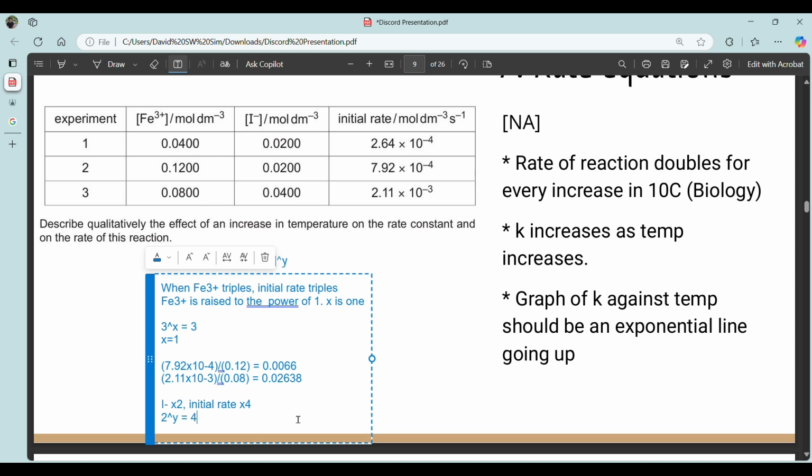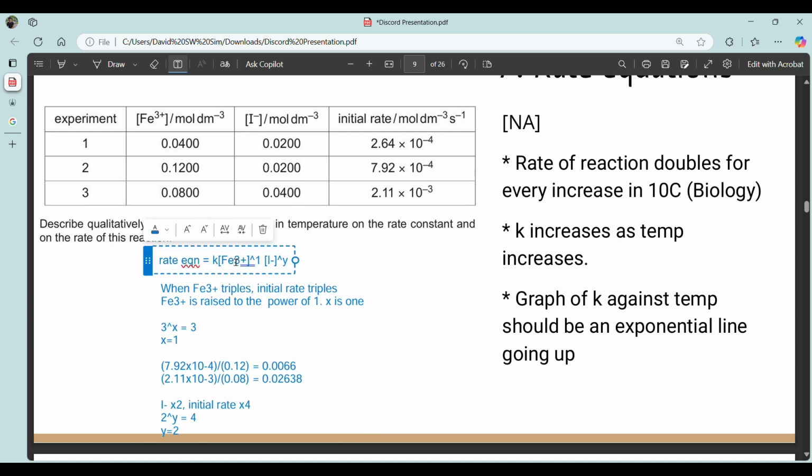From this, it is quite easy to see that y is 2. So our rate equation is rate = k times Fe3+ times iodide squared. Any questions?